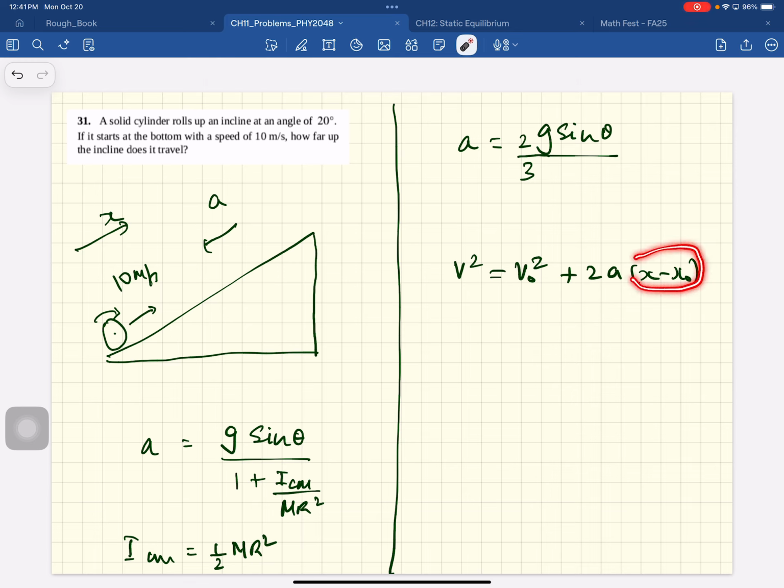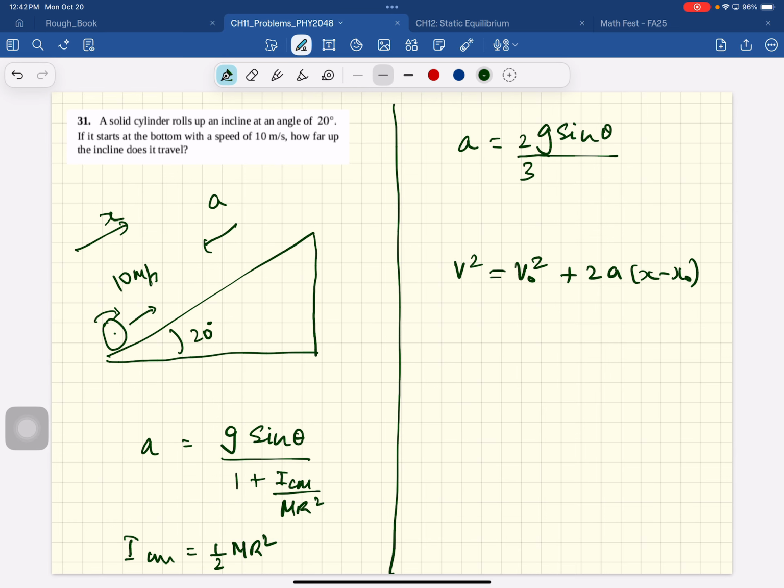X minus x naught is what we want to find. A is given by that. We know a, it's a 20-degree incline. Final velocity is 0. Initial velocity is 10 meters per second.